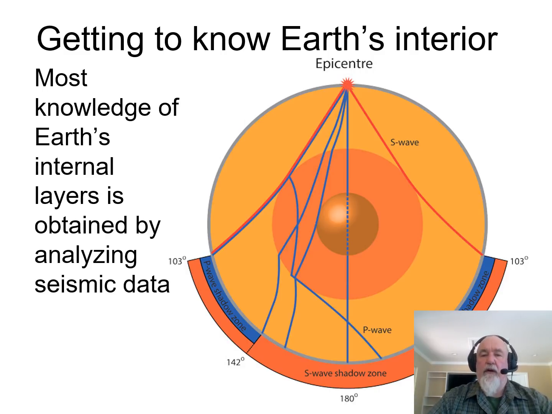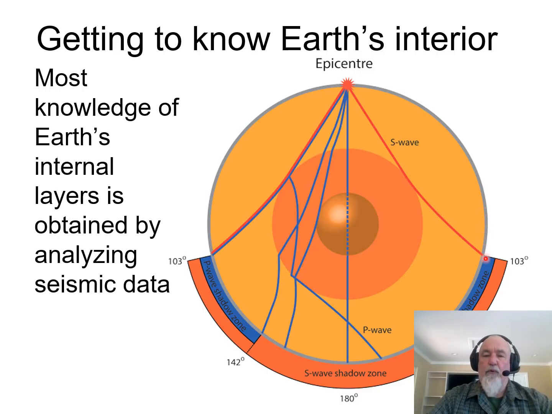Now, we could also see that S waves do not travel through liquid layers. So if there was an earthquake here, S waves could get received at receiving stations all the way across the surface of the earth until about here.